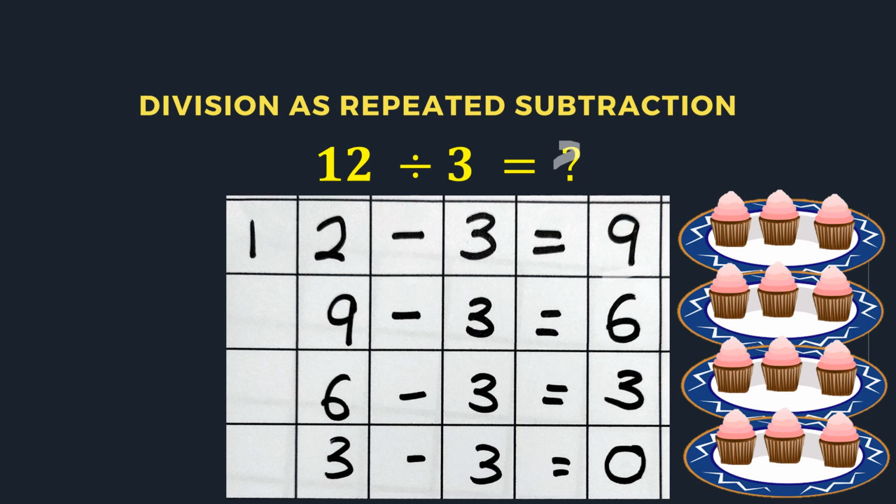Without realizing it, we already did repeated subtraction where we subtract 3 four times. So for this concept, division as repeated subtraction, the number sentence is 12 divided by 3 is equal to 4.